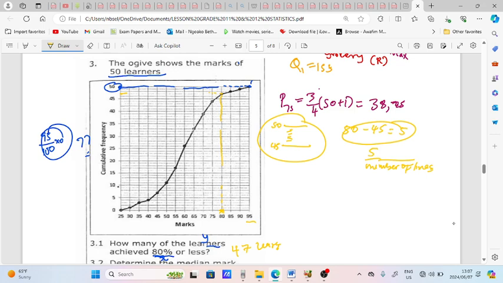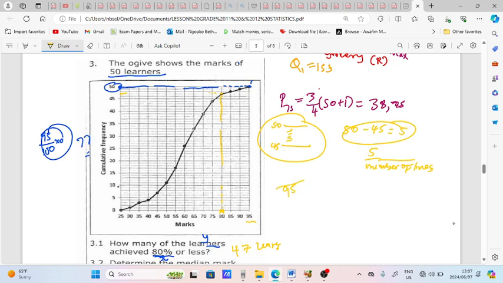So now, look here. Let's say this was not the marks out of 100. In fact, let's say the total is 95, okay?